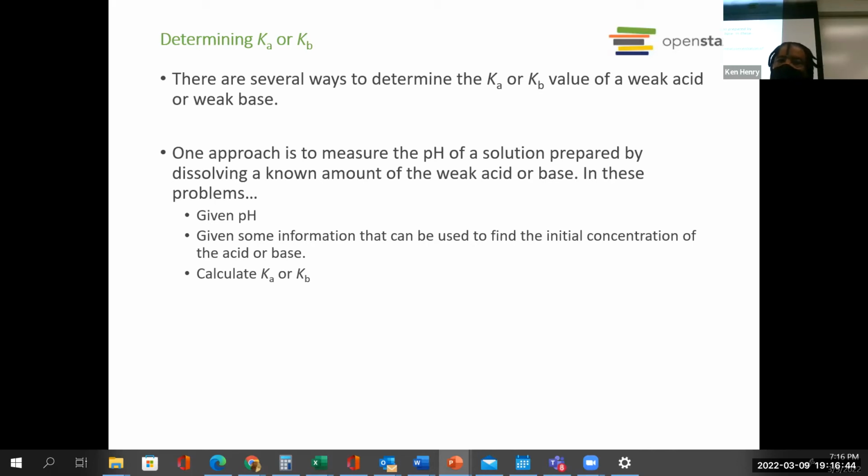One of the approaches is to measure the pH of a solution and determine the dissociation of known amounts of weak acid and weak bases. Typically, you're going to be given your pH and some information about the concentrations, and then you should be able to calculate your Ka or Kb.